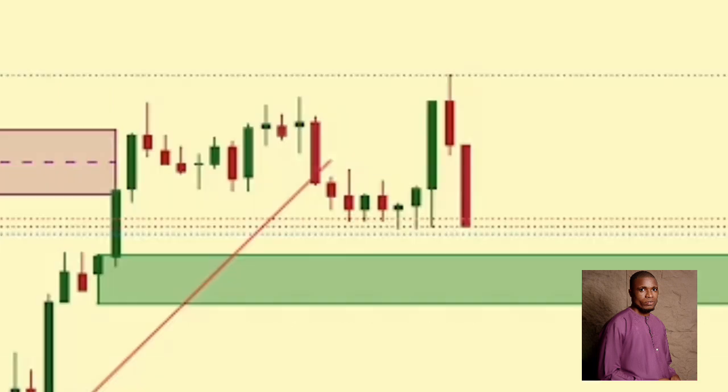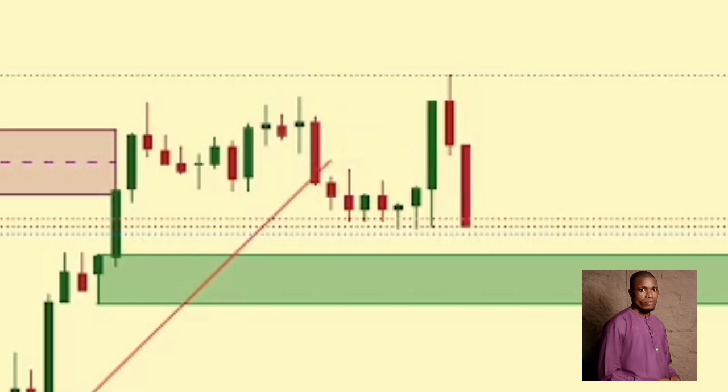On the 4-hour time frame, we can see that this upward trend line has already been broken. But here is the issue. There is no clear supply zone to enter sell from yet.